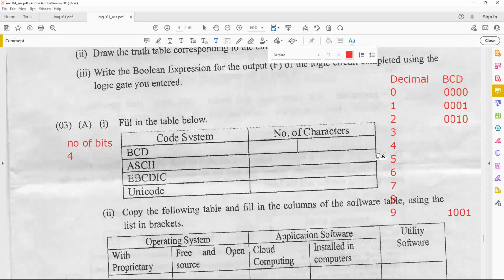Okay, so this is what you need to remember. BCD stands for binary coded decimal. All the decimal digits, that means 0 to 9, we are representing using 4 bits binary, right? So the total number of characters we can represent using BCD, take down, is 10, 0 to 9.